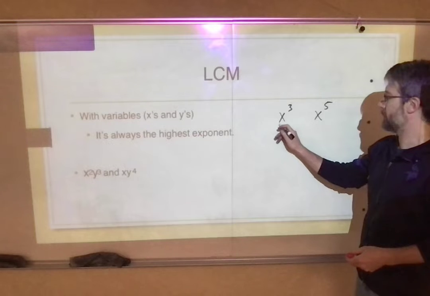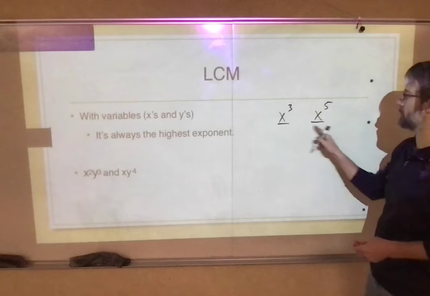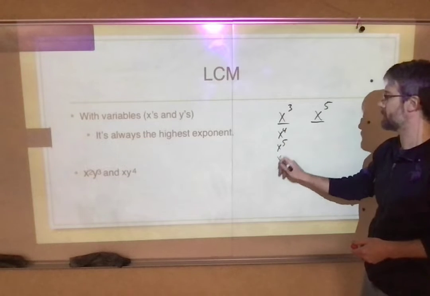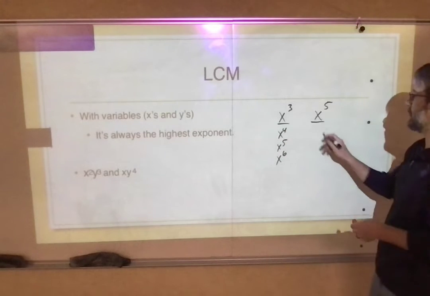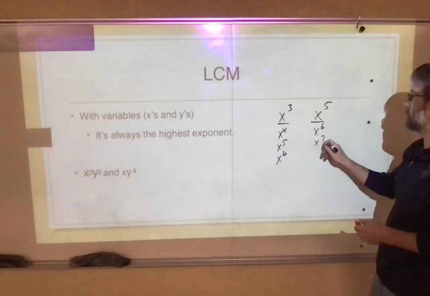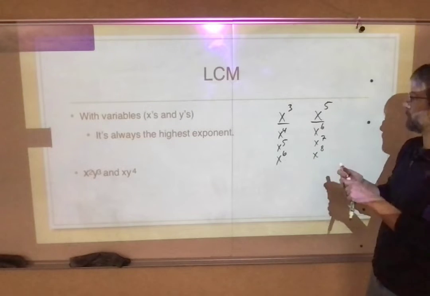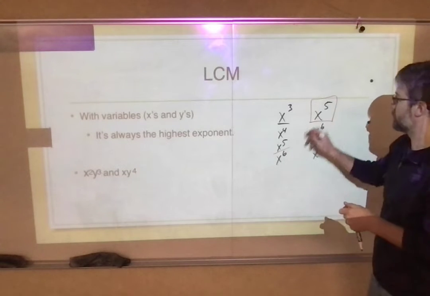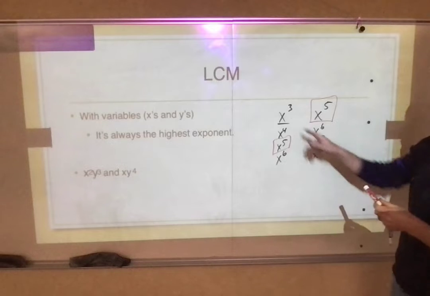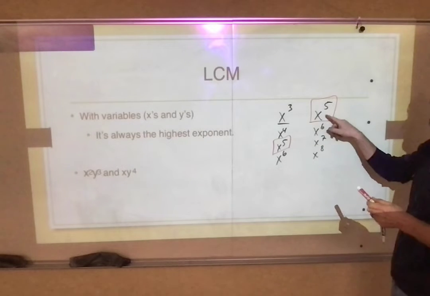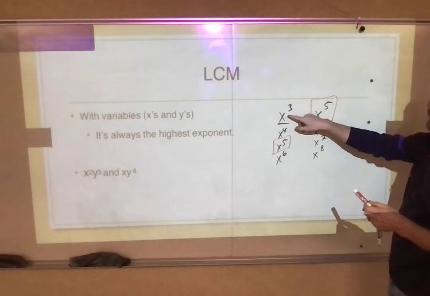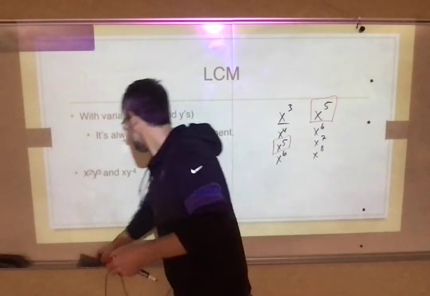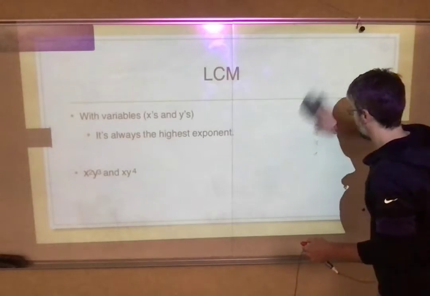So this is my starting point for each of them. This side would be x to the 4th, x to the 5th, x to the 6th. This side would be x to the 6th, x to the 7th, x to the 8th. The first place that they match is always going to be whichever one is the highest exponent of the two. I can always get to x to the 5th from the lower one, x cubed, if I start multiplying more x's.